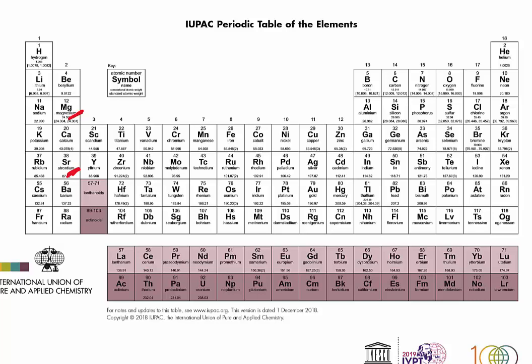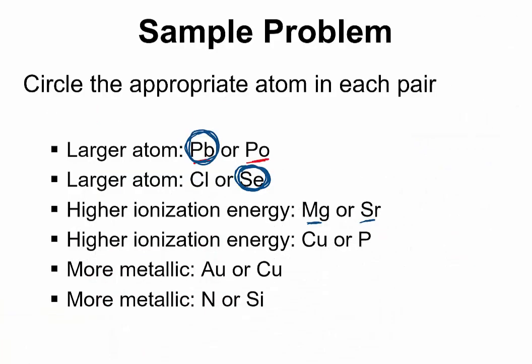We know that as you go up the periodic table, as you go up the group, the ionization energy will increase, which means that magnesium will have a higher ionization energy. So, magnesium has a higher ionization energy than strontium.